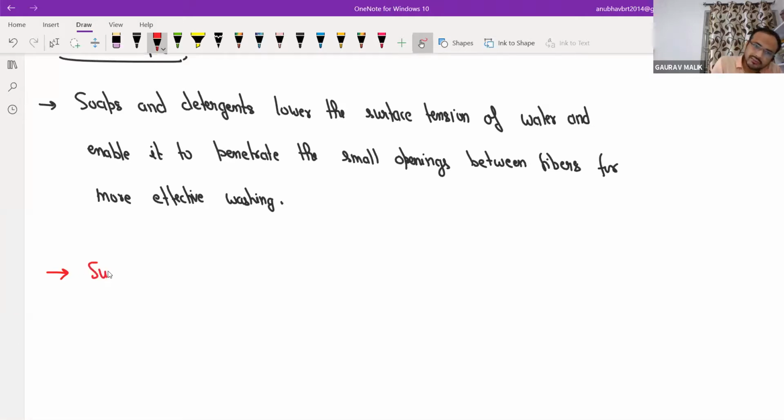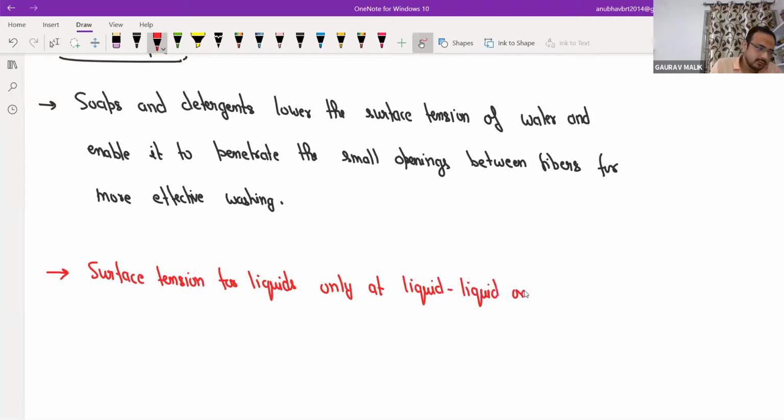So surface tension for liquids exists only at liquid-liquid or liquid-gas interfaces.